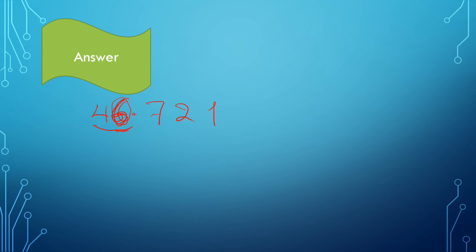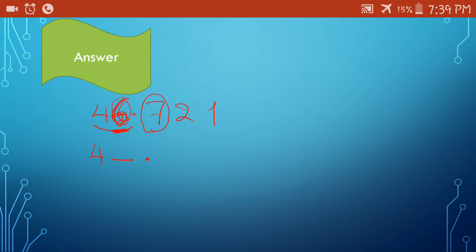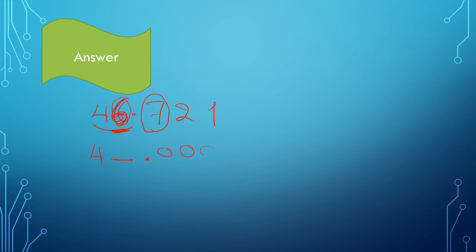You circle the 7. You write all the digits on the left as they are, leave a space here, and write all the digits to the right as zeros. Now look at 7. The circled number is more than 5. This makes the digit before it become one more. So it's 47.